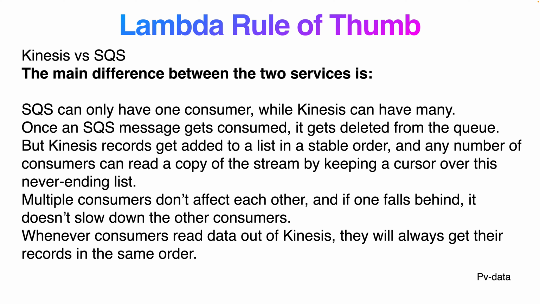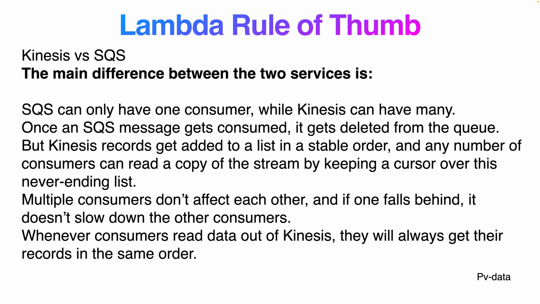So now the next part is the difference between the two services. SQS can only have one consumer, while Kinesis can have many. Once an SQS message gets consumed, it gets deleted from the queue, but Kinesis records get added to the list in stable order, and any number of consumers can read and copy the stream by keeping a cursor over this never-ending list.